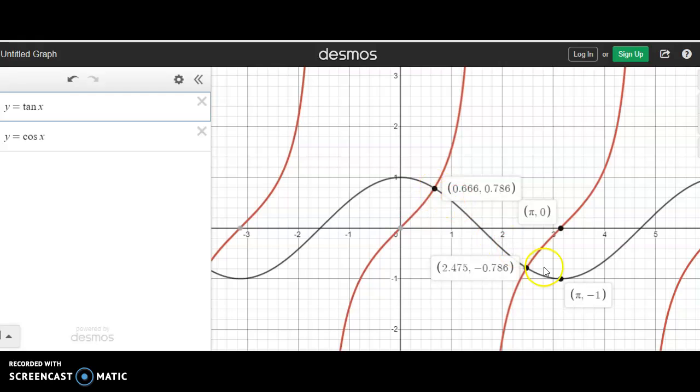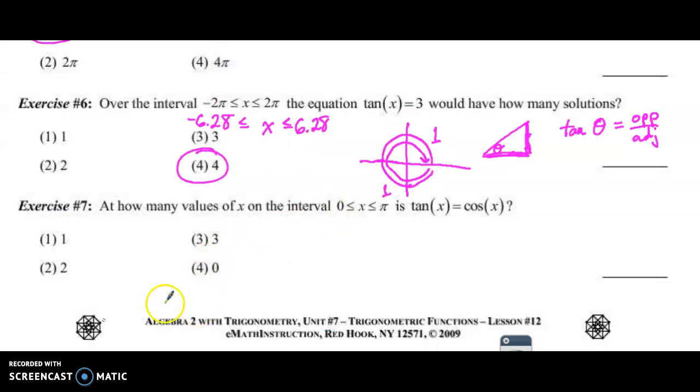So between 0 and pi, there are 2 times that they cross each other. But if you think about it, as far as the unit circle goes, in the first quadrant, cosine can only be values between 0 and 1. Remember, cosine is the x-coordinate on the unit circle, and it's positive. And tangent can be any value between 0 and infinity, but again, it's positive there. So there's one time from 0 to pi over 2 where they're going to cross.